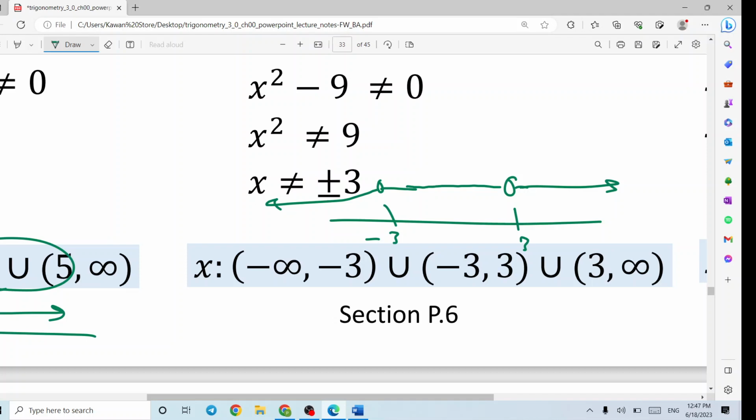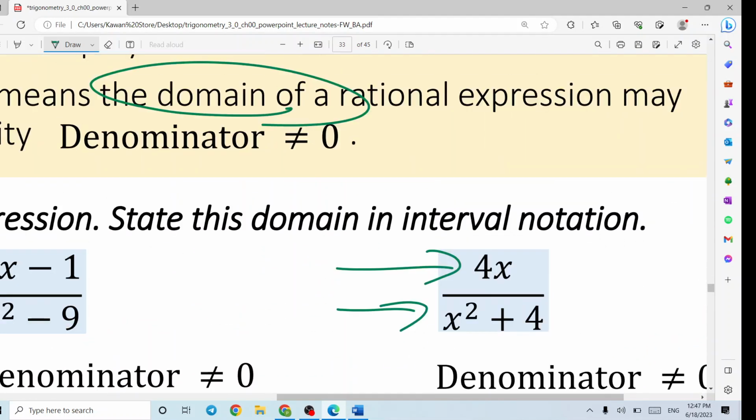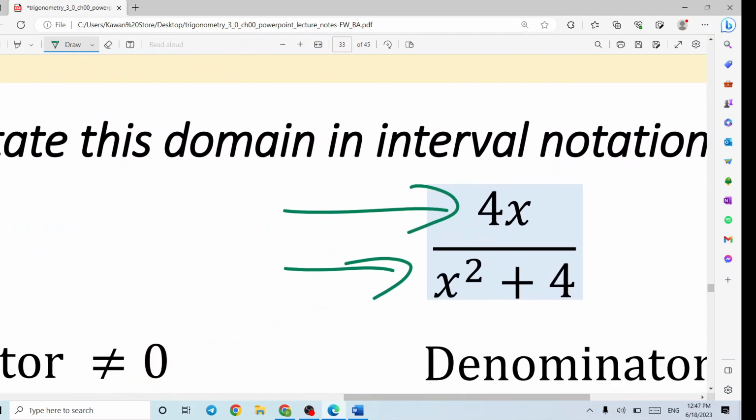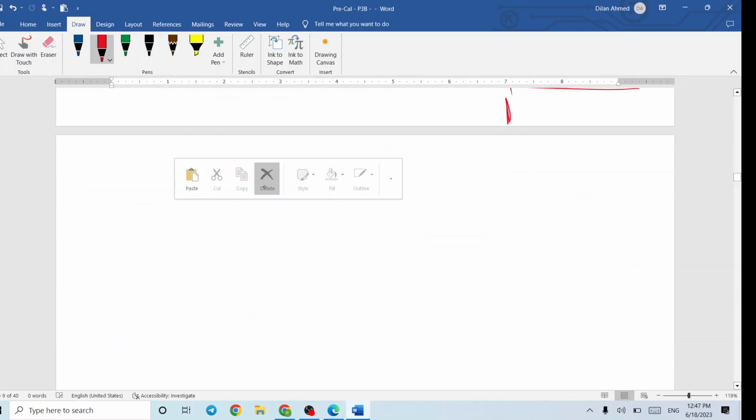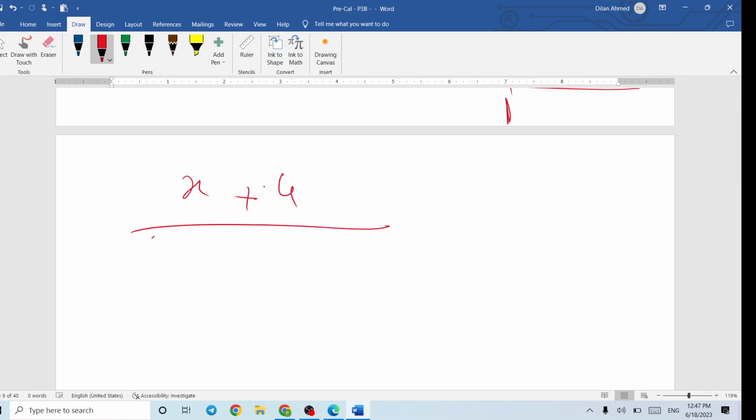Any question about the domain here? We just make the denominator not be 0. How about if I have, for example, such an example like that? Yalla.